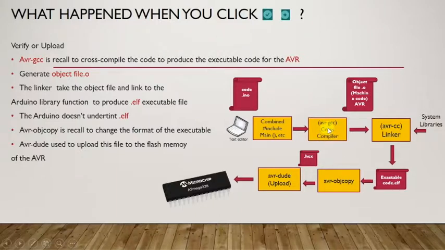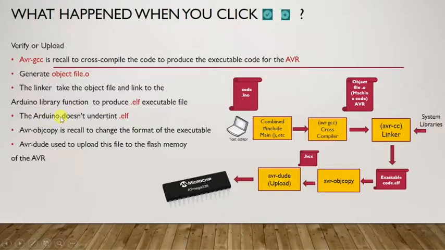This compilation process is done by AVR/GCC, which is used for your Atmega microcontroller. Then after AVR/GCC cross-compiles your code, you will get machine code for AVR. Then the linker of AVR/GCC will link this machine code with the system library you use. Then you will get the executable file, .elf.